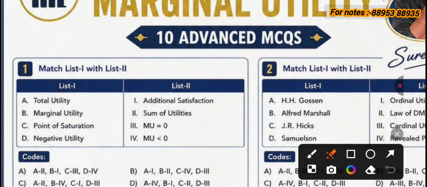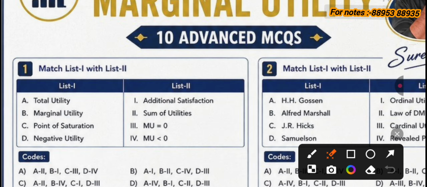We have to match the list. And list 2: I, additional satisfaction, II, sum of utilities, III, MU equal to 0, IV, MU less than 0. Then what is the correct answer?